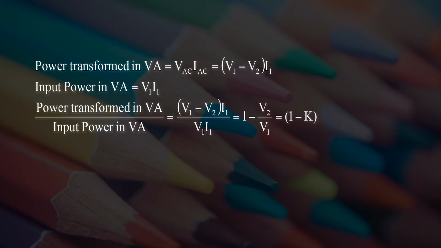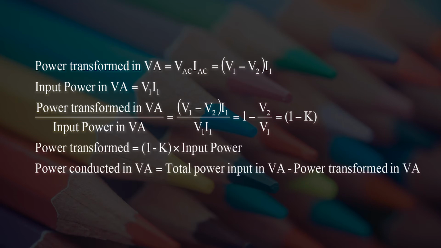It is basically K. So, the ratio of transferred power in VA to the input power in VA can be written as equal to 1 minus K. So, power transformed is equal to what? 1 minus K times power input. Out of the input volt ampere V1 I1, only VAC IAC, which is equal to V1 minus V2 into I1, is transformed to the output by transformer action.